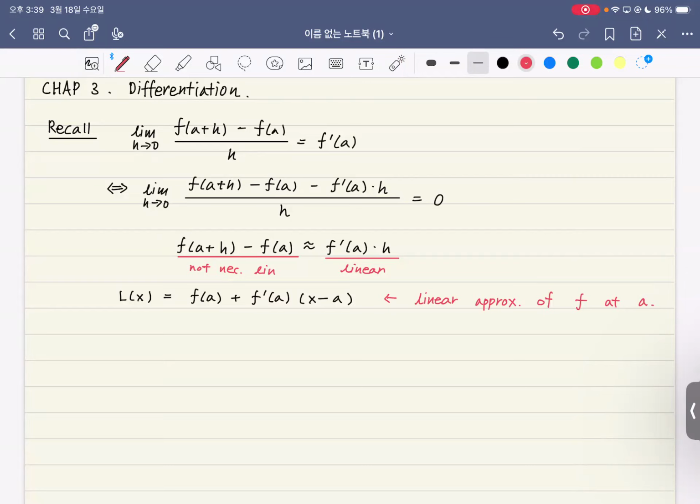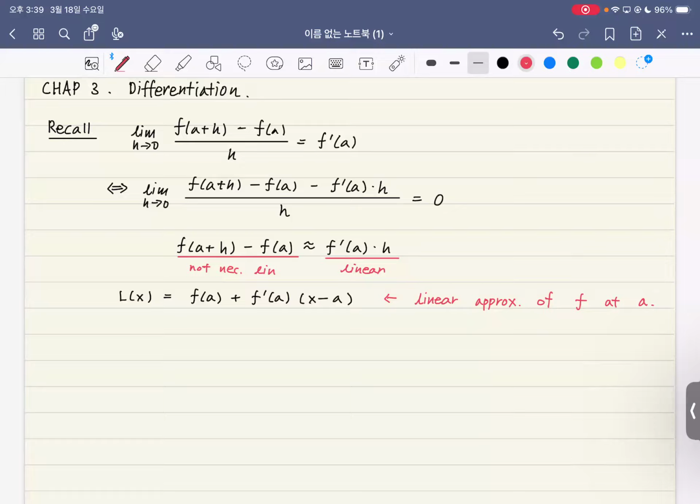Basically, these were the basic theories involved in the differentiation of single variable functions. Now we'll be turning to differentiation of even more complicated functions.